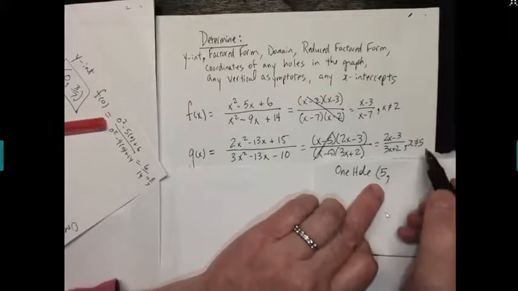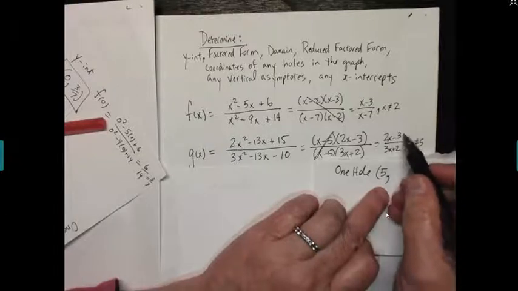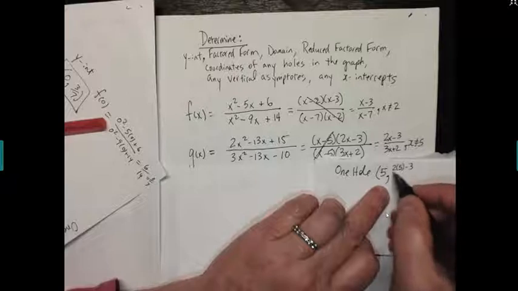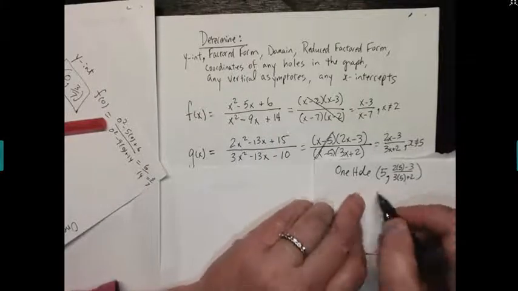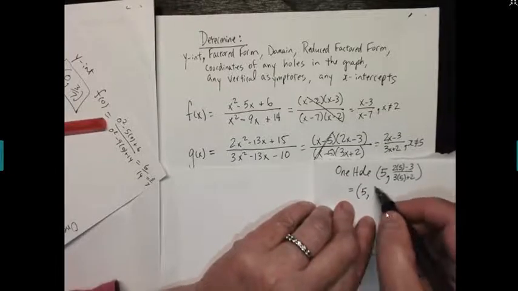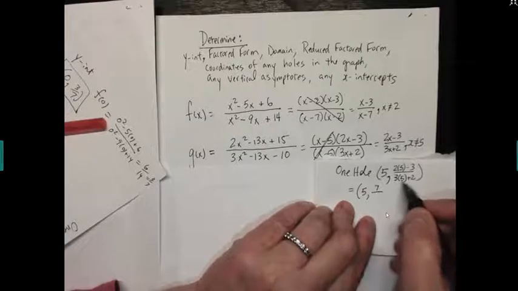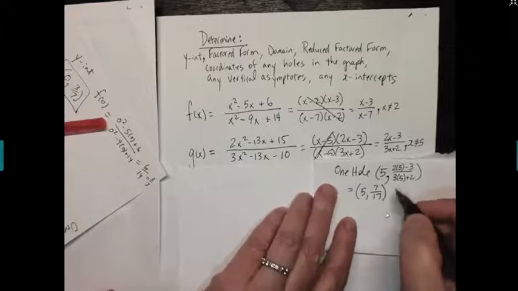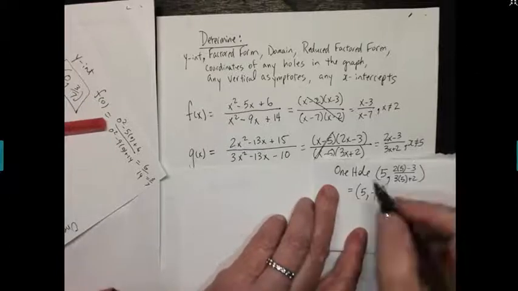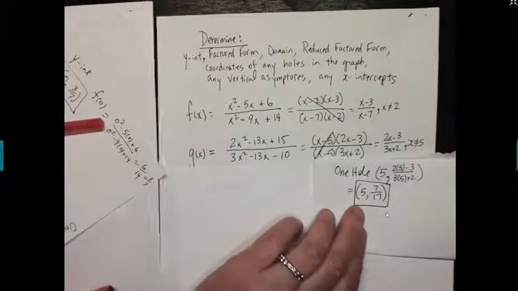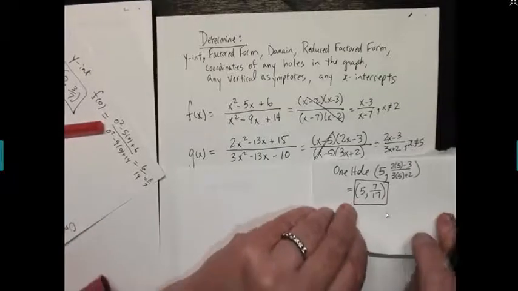What is the y-coordinate? Well, you take 5 and you plug it back into the reduced formula. So I'm going to have 7 in the numerator, and I'm going to have 17 in the denominator, and that's in reduced form there. And so that is the coordinates of the hole, and there's one hole.